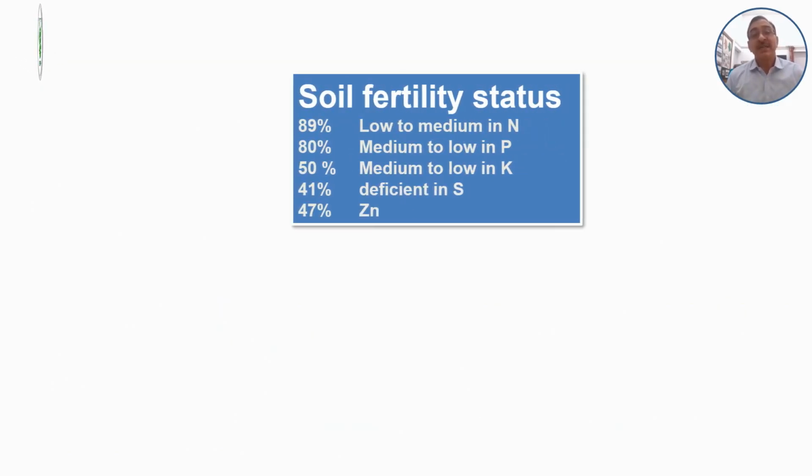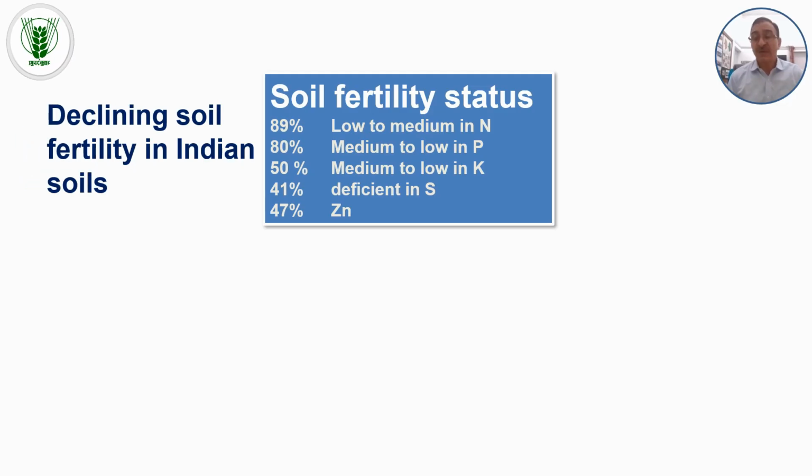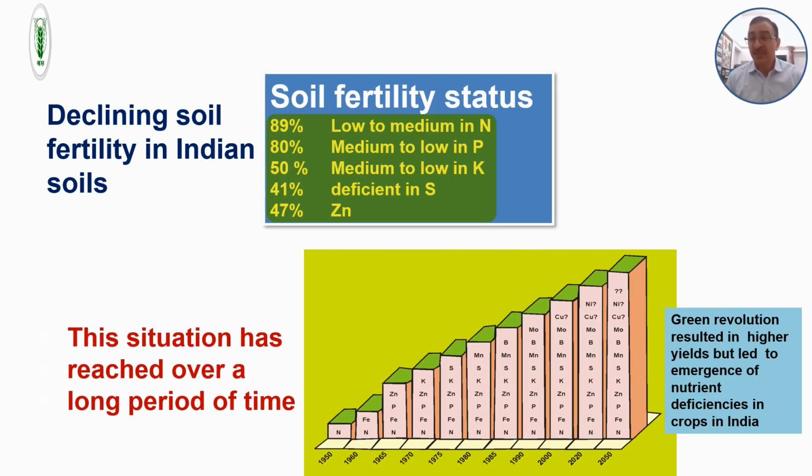So, if we see the declining soil fertility of Indian soils, 89% of soils are low to medium in nitrogen, 80% medium to low in phosphorus, 50% medium to low in potassium, 41% deficient in sulfur, and 47% deficient in zinc. So there are widespread deficiencies in the soils of the country, and these have aggravated with continuous cropping and the use of high yielding varieties.